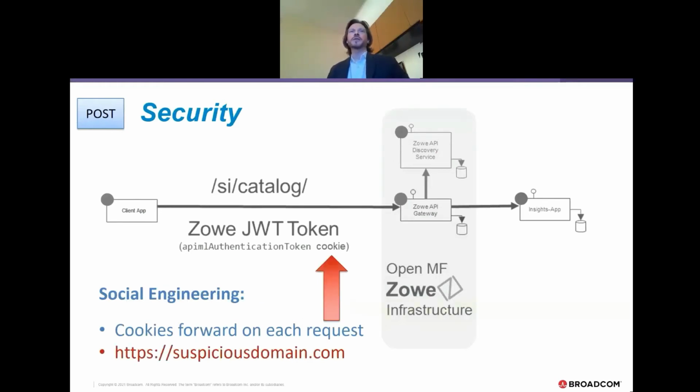But it's important to note that I can perhaps social engineer you to click on a link in another domain that maybe executes a piece of code that creates a forged request that might be forwarded by your browser along with the authentication in the form of a cookie.